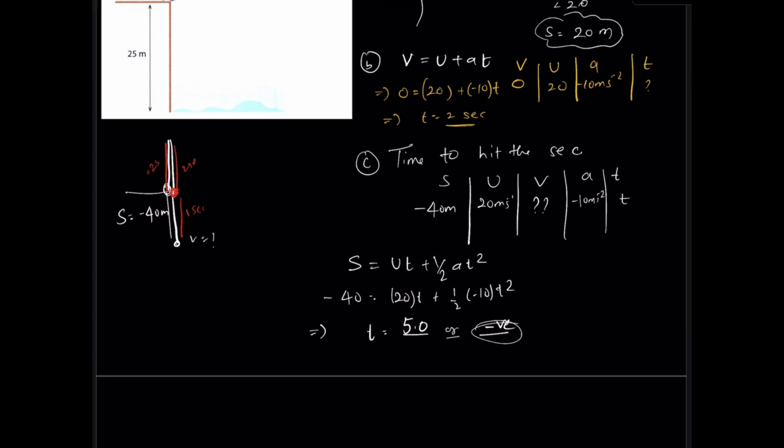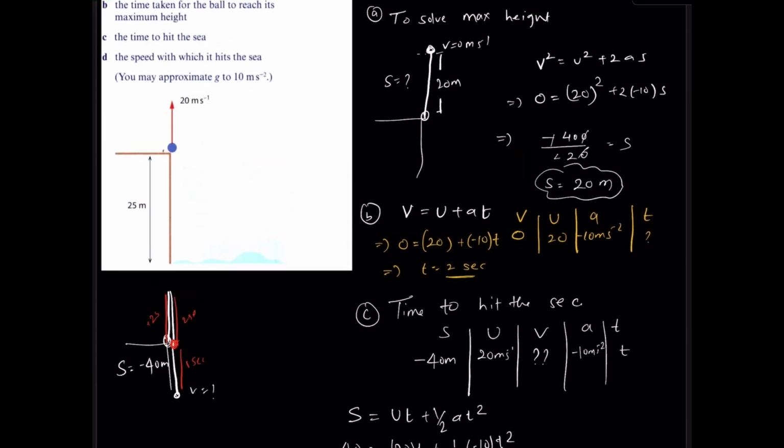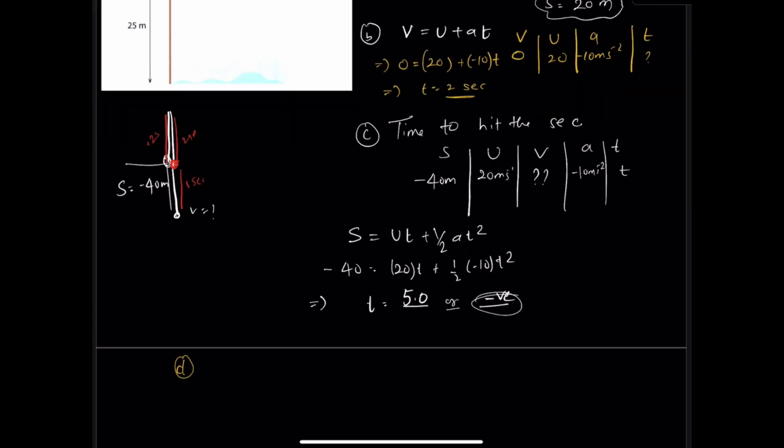Now, in order to find the last part of it, the speed with which it hits the sea, the final speed. For that, SUVAT. Now we know the total displacement is also minus 40 meters. Initial speed is 20 meters per second. Final speed is what I'm looking for, and acceleration is minus 10.